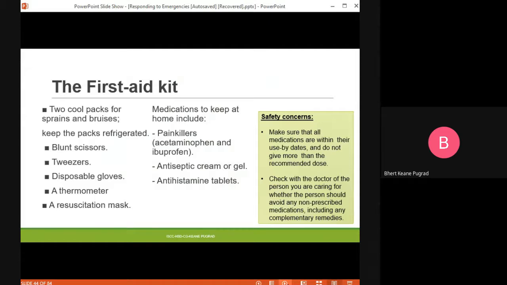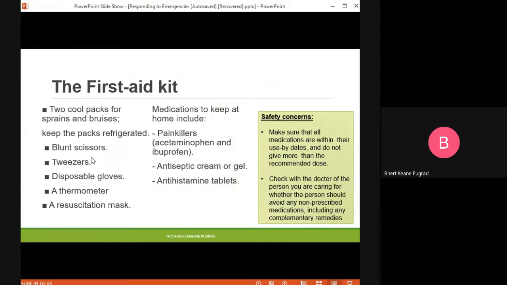So, the first aid kit is the usual na alam natin, it's very familiar. So, the first aid kit would contain 2 cool packs for sprains and bruises. And take note that your cool pack needs to be refrigerated, okay, para cool siya. Okay, kasi kapag hindi siya galing, of course, kapag hindi na ref, hindi yan cool pack.